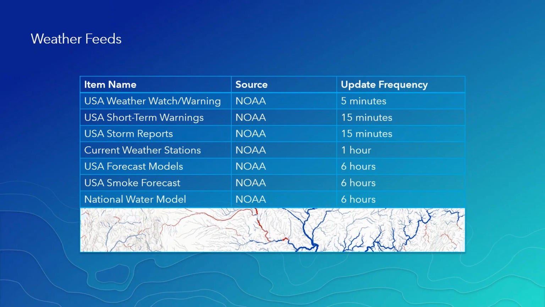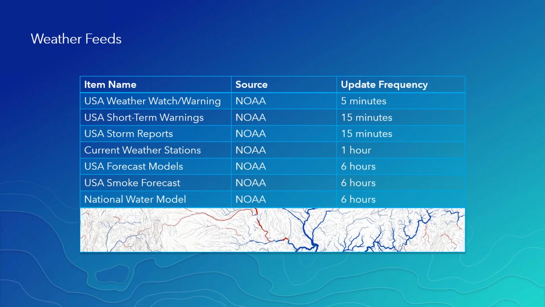So to start with are some of the bread and butter forecast and weather products that come from NOAA and the National Weather Service. And those are our weather watches and warnings, so the polygons that show you the different types of events that are predicted over a given forecast area or region.